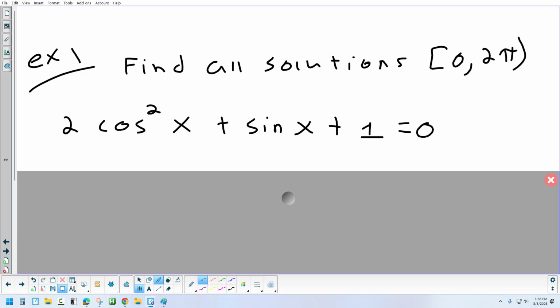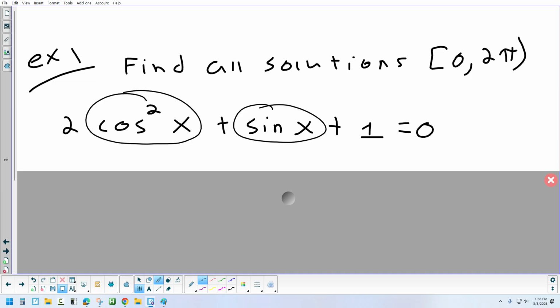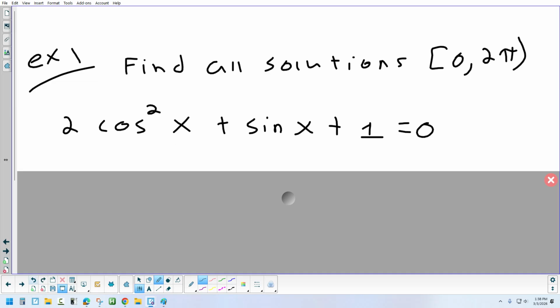So we either have to change this into sines, or we have to change that into cosines. Anyone have a guess which one we're going to try to change? We're going to do this because we have an identity for it and we talked about this identity today.